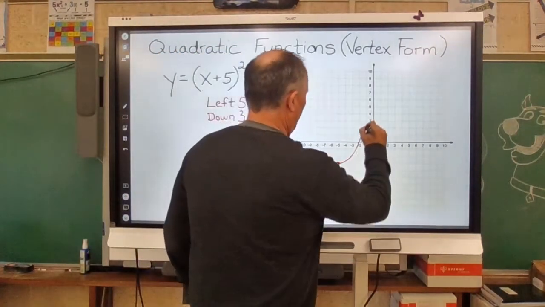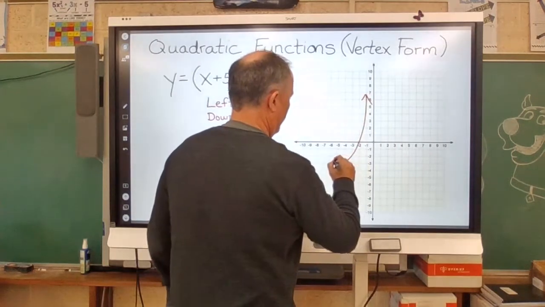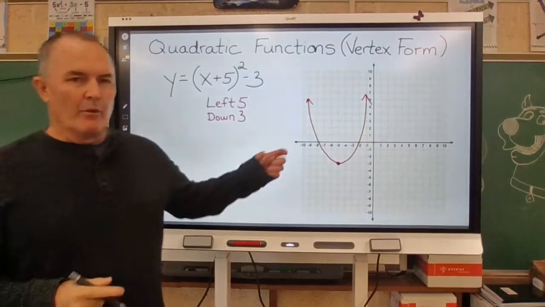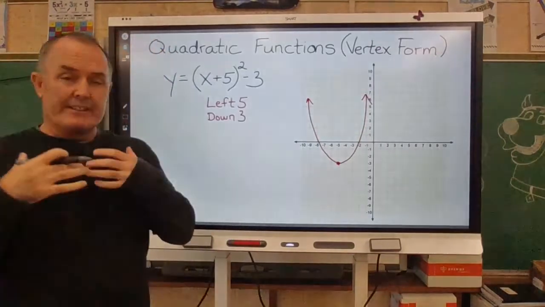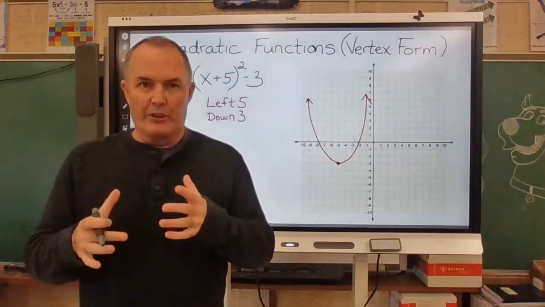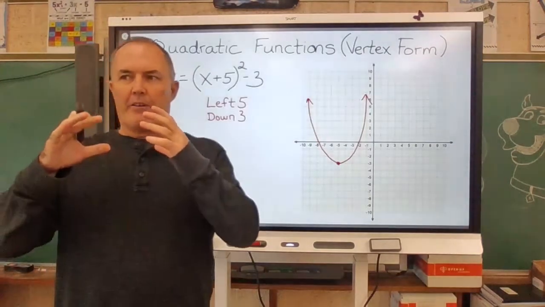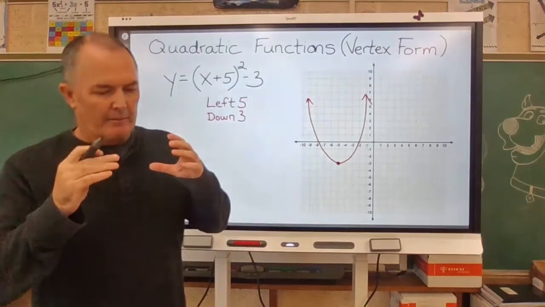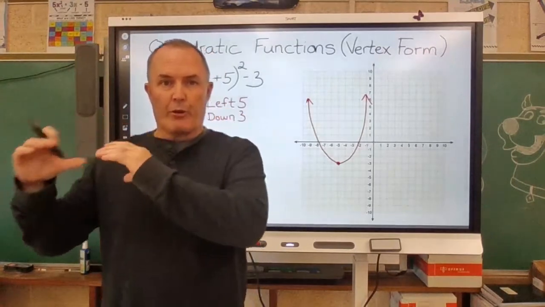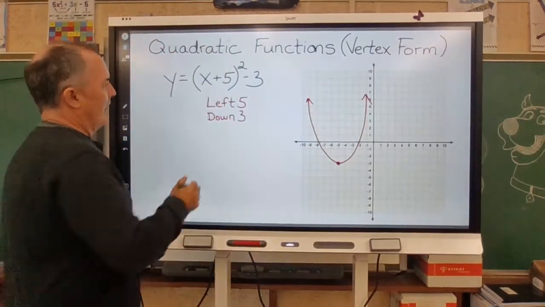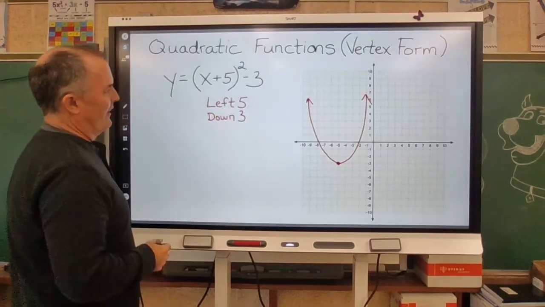I'm going to draw in my basic shape. Now later on, when we start using data tables, we'll be much more accurate with our shape. But for today, we're just using the vertex form so we can match up. If we ever have a problem on a test or an assignment where we have to match an equation to a graph, it makes it much easier to match them up.